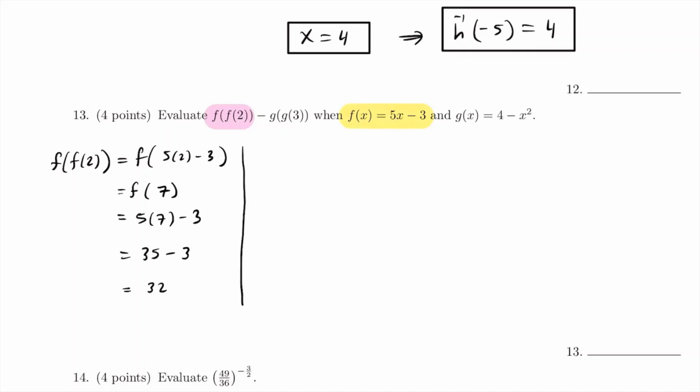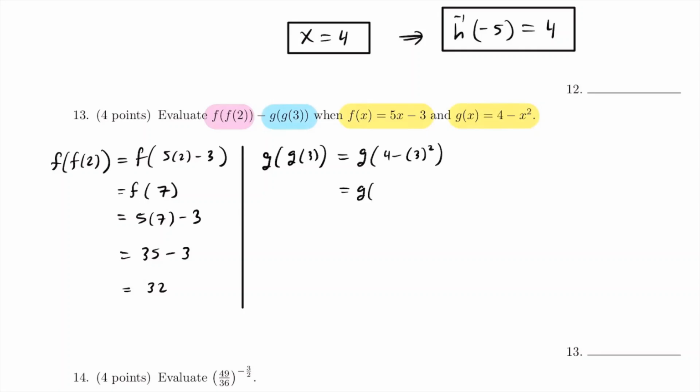Now let's figure out the second portion of it, which is g of 3. So we plug in 3 into g, and then plug that into g again. So g of 3. So plug in 3 now into the g of x function. So you'll have 4 minus 3 squared, and that input goes back into g again.